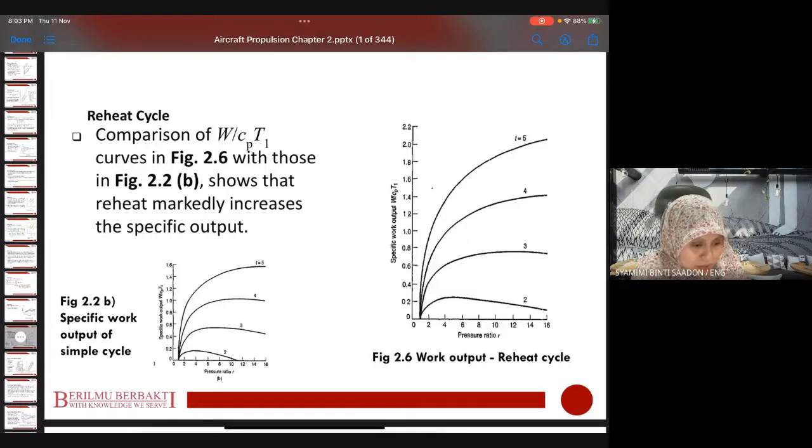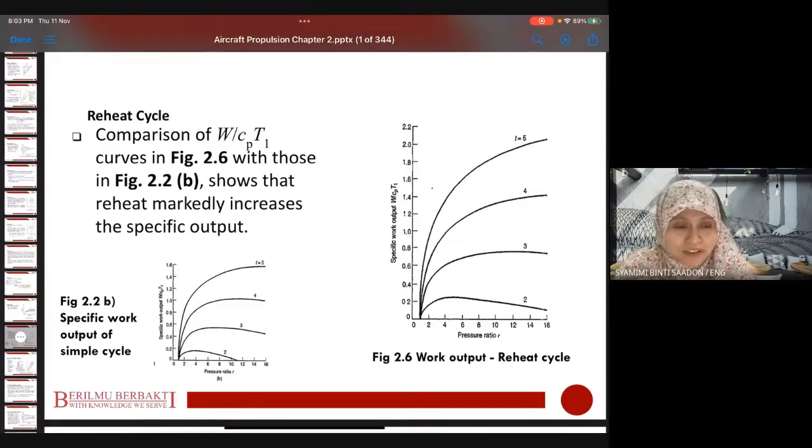For T equals 5, the specific work output can reach a value around 2. However, with the simple basic cycle, at T equals 5, the specific work output is only around 1.6. So by using this reheat cycle, we can increase the power output, but the efficiency will be lower. So that is the pros and cons.